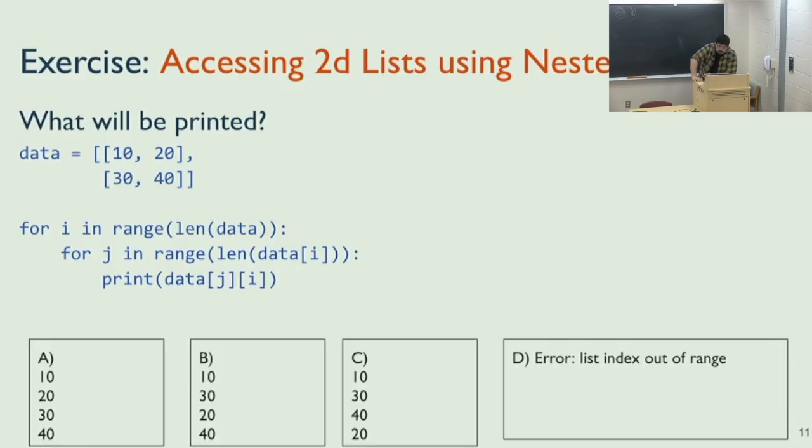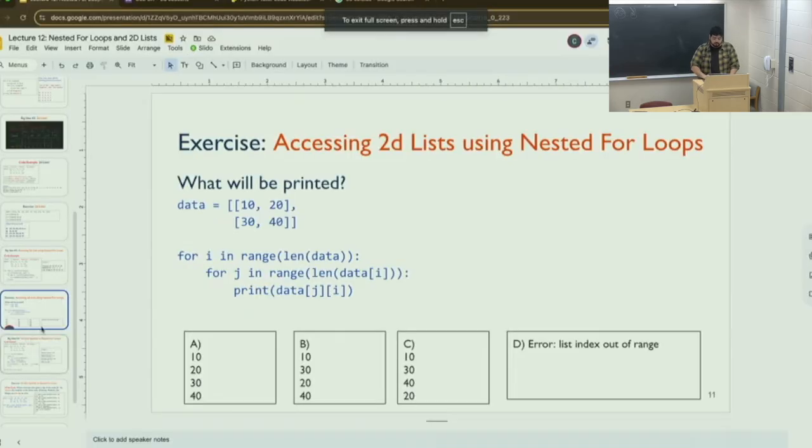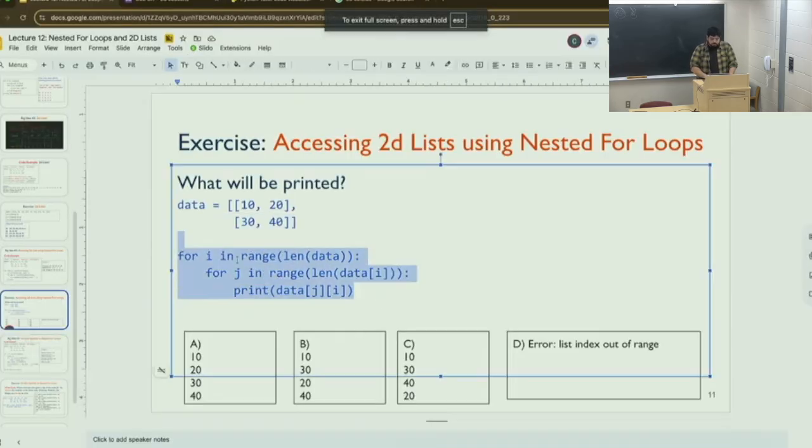Then what's the next thing we print? When I is 0 and J is 1. So that means J is 1, so it's going to be this list of 30 and 40. Then we still get index 0 because I is still 0, and we get 30. 10, then 30.